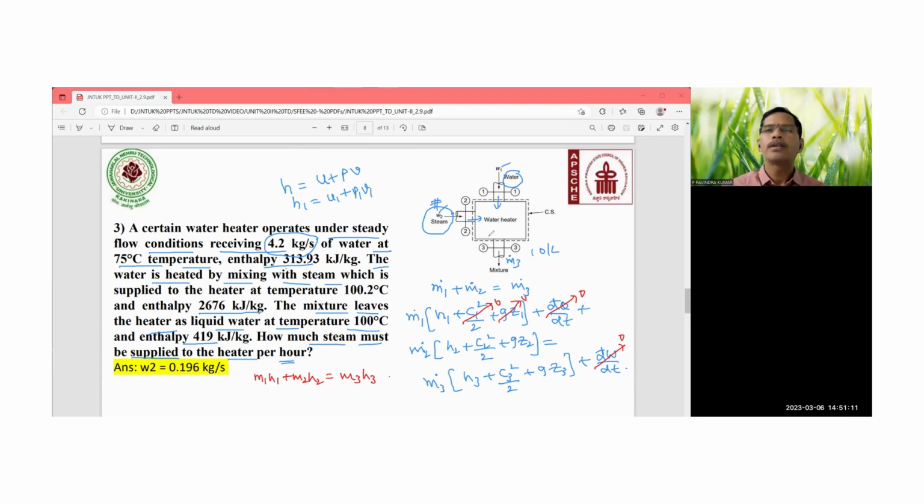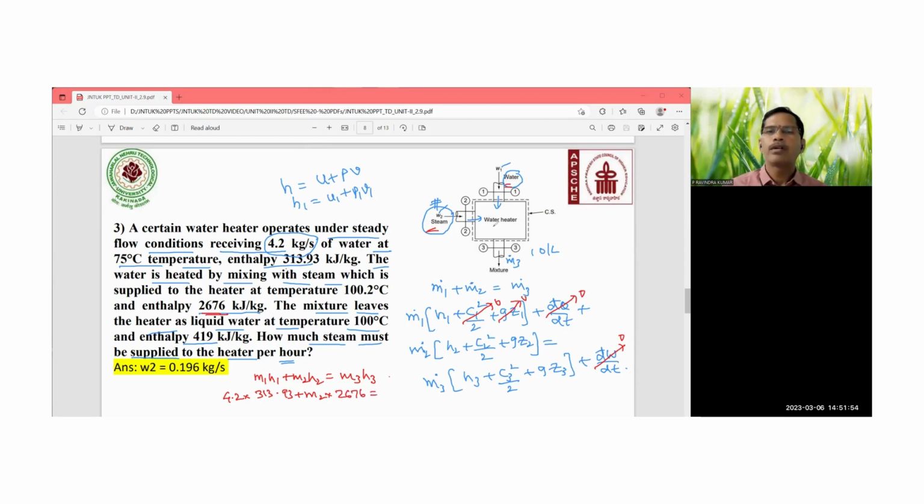So m1 is the water, which is mentioned as 4.2, and H1, water at 75 degrees centigrade, has enthalpy 313.93, plus m2, which is the steam you have to find out, into H2, the steam enthalpy supplied to the heater, 2676, is equal to m3.